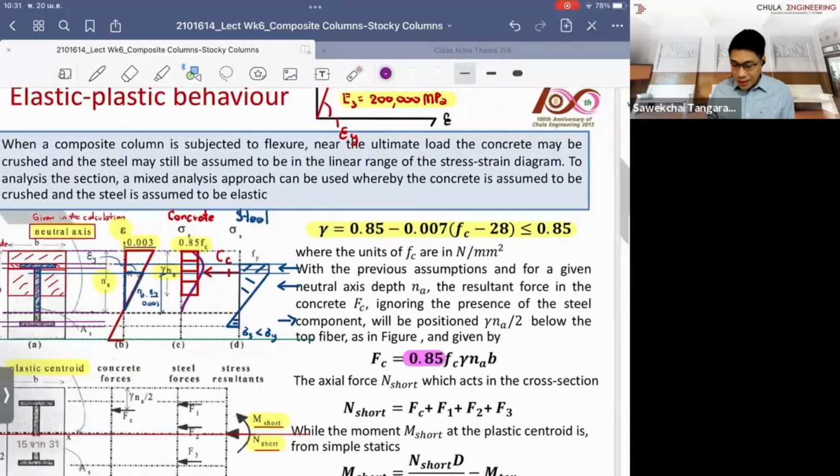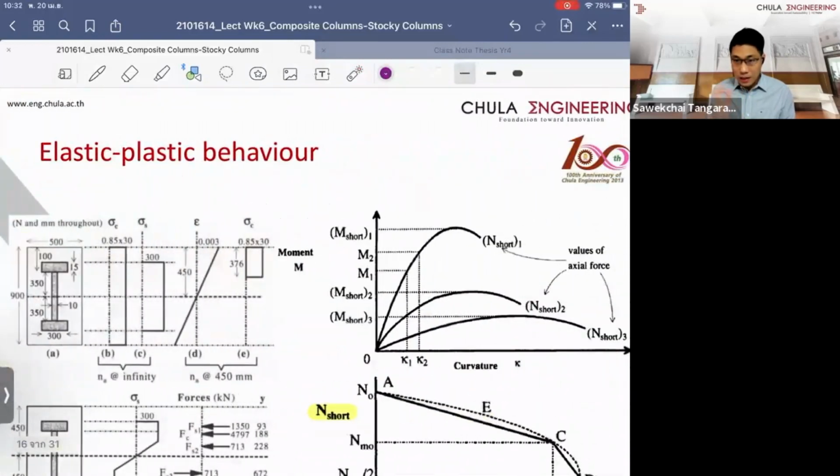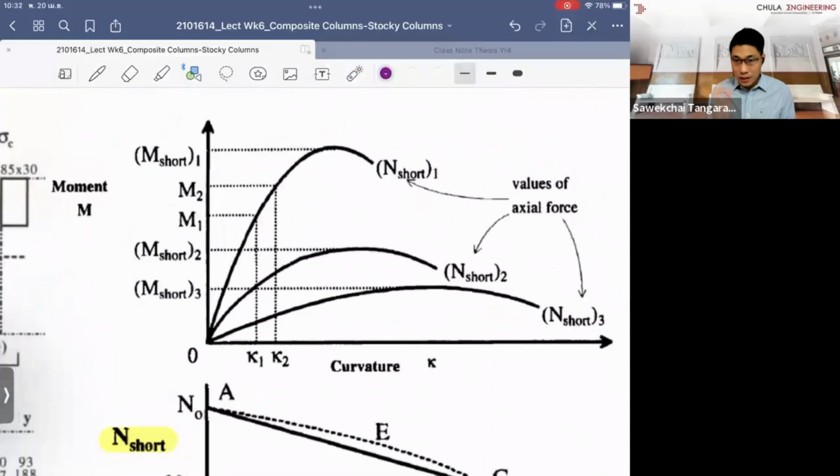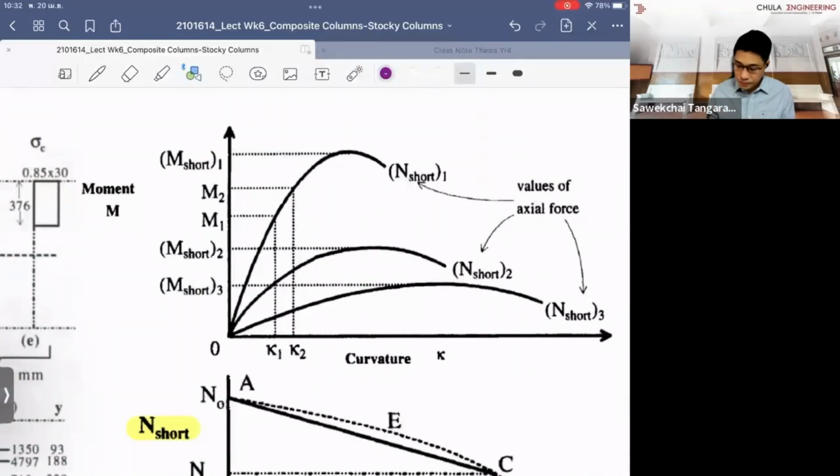So the more we keep rotating the cross section about the neutral axis, it gives us a point in the curve here, because we are plotting the graph between the curvature and the bending moment.